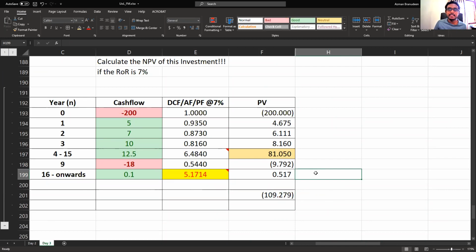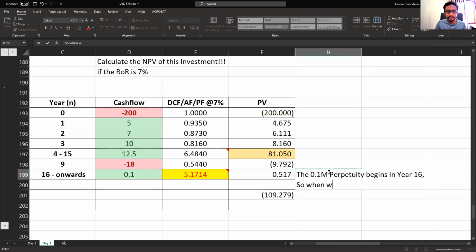So let me explain this in another way. This is what happened here. The 0.1 million perpetuity begins in year 16. So when we multiply by 1/r, year 15 is its present.